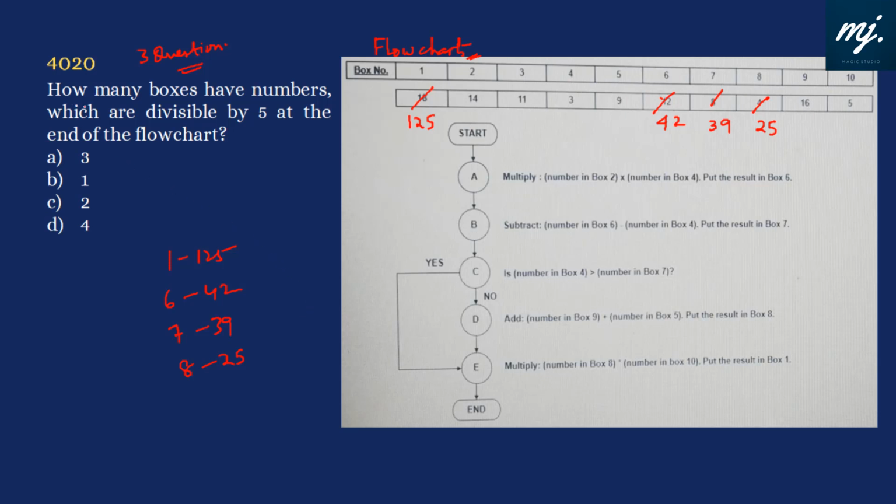So the first question is, how many boxes have numbers which are divisible by 5 at the end of the flowchart? We can see box 1 has 125, then box 8 has 25, and box 10 has 5, and these numbers are divisible by 5. So I'll mark option A, that is 3.